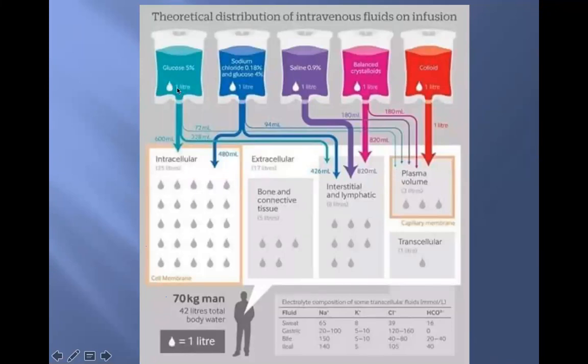So after infusion of 1 liter of 5% glucose, there will be only 72 ml out of 1 liter. Imagine that, out of 1 liter, only 72 will remain in the intravascular compartment.